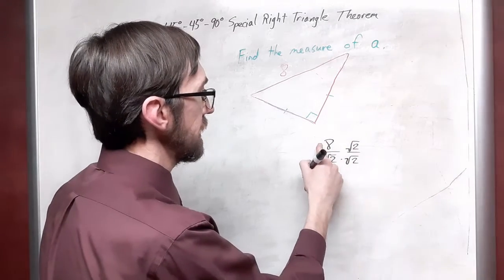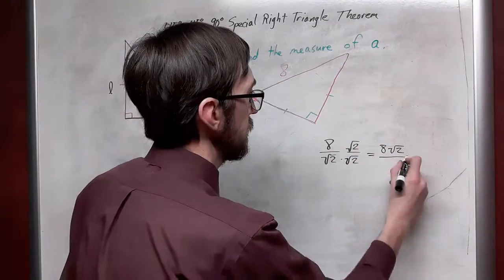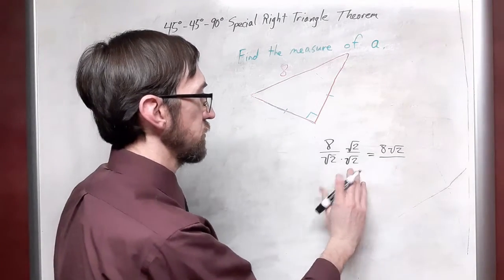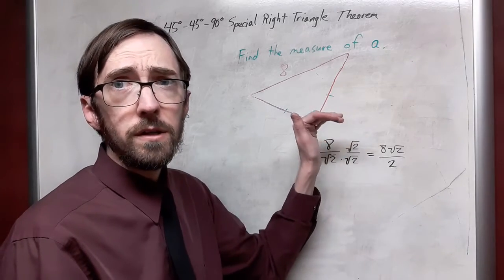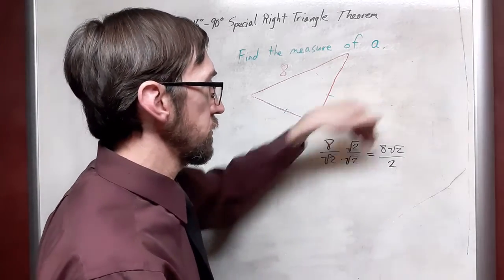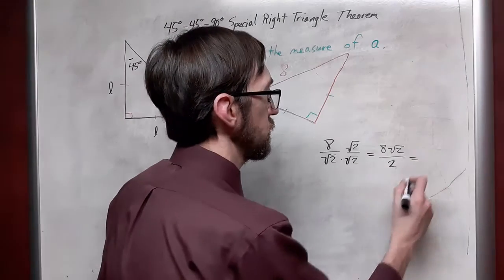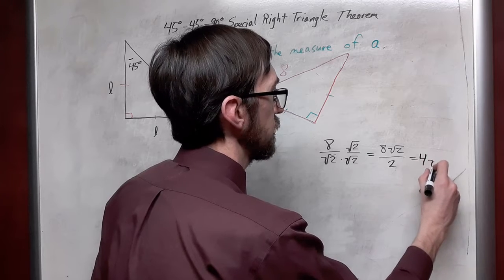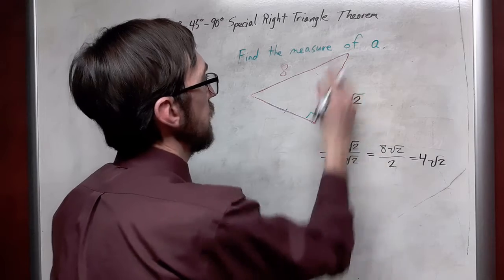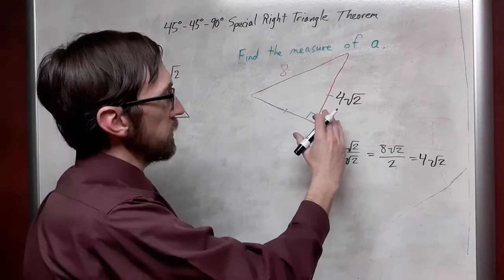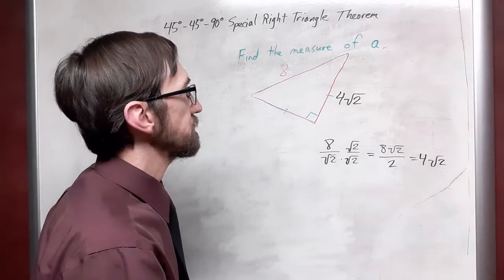So we end up with 8 times the square root of 2 in the numerator, and in the denominator, square root of 2 times square root of 2 is just 2, and this will simplify because we have an even number in the numerator, the 8, and we have 2 in the denominator, so this will factor out a 2, and we are left with 4 square root of 2 to be the altitude here. If you needed a decimal equivalent for this, you could type it into your calculator.